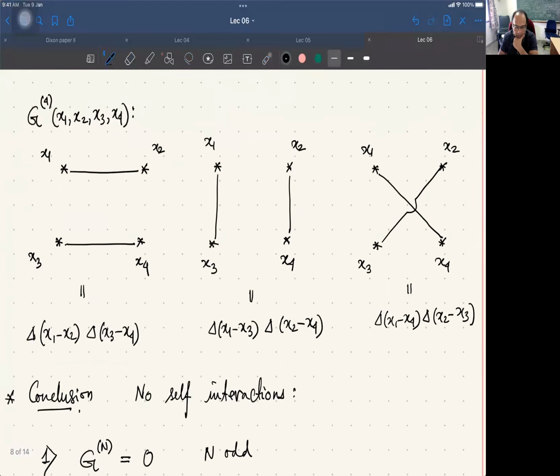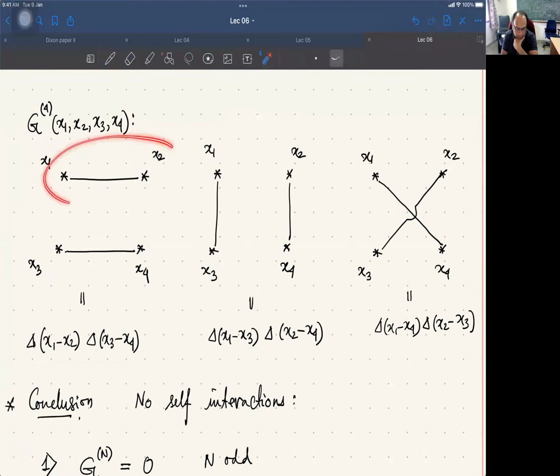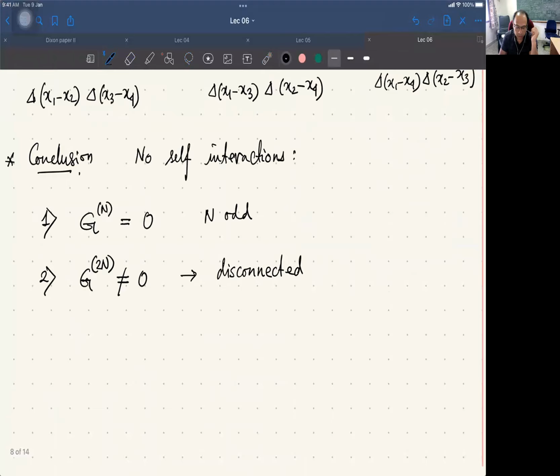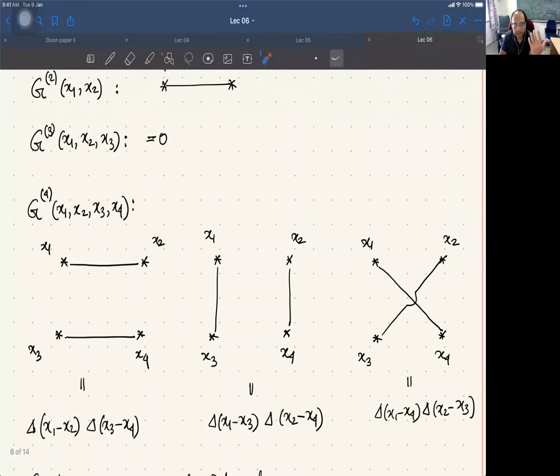Disconnected diagrams represent independent processes. If you take any process, you can multiply it with itself and just change the names. They will be disconnected diagrams. They are just showing independent processes. Okay, they are not interesting. This can always be done in any theory. If you manage to get a diagram, then you can create an infinite number of disconnected diagrams by repeating the same diagram.